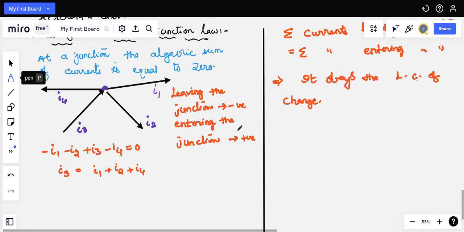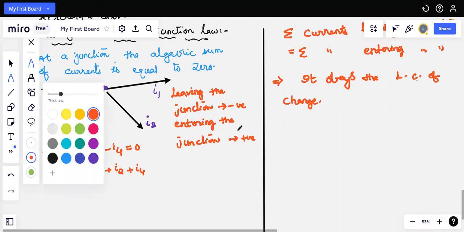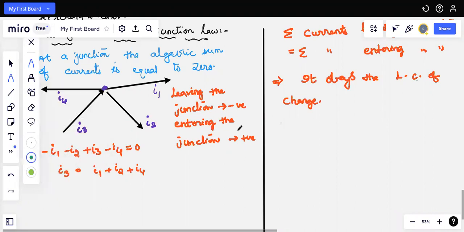The second one, like how we applied it there. What is the second law? Mesh law or loop law. Or there we measure the voltages. Very good.